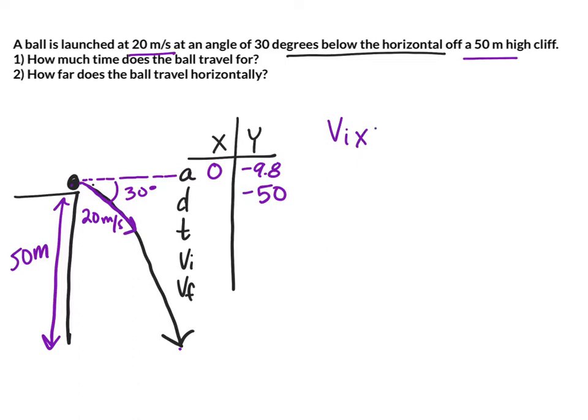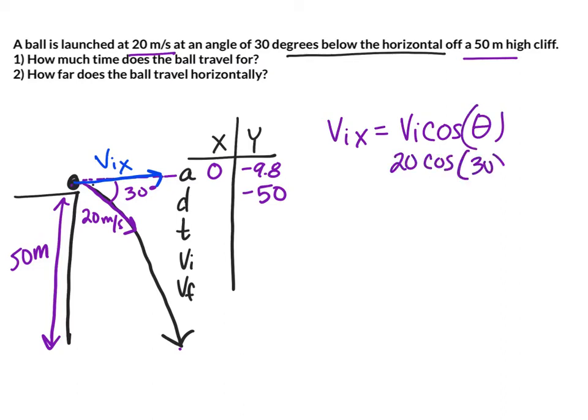So let's go ahead and break that down by using our two trig functions. Our horizontal initial velocity is this component right here. That can be found by doing Vix equals Vi, and since that side is adjacent, it'll be cosine of your angle. So that would be 20 cosine 30, and that is going to equal 17.3 meters per second.